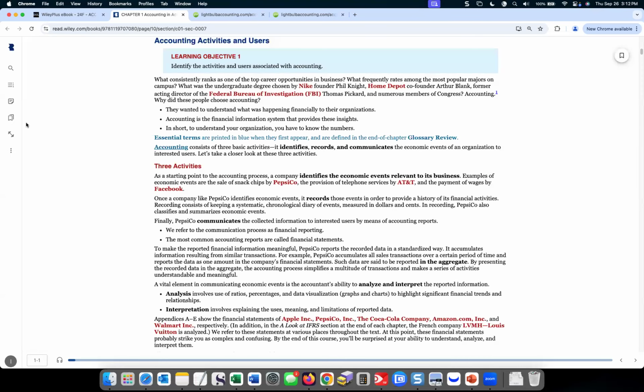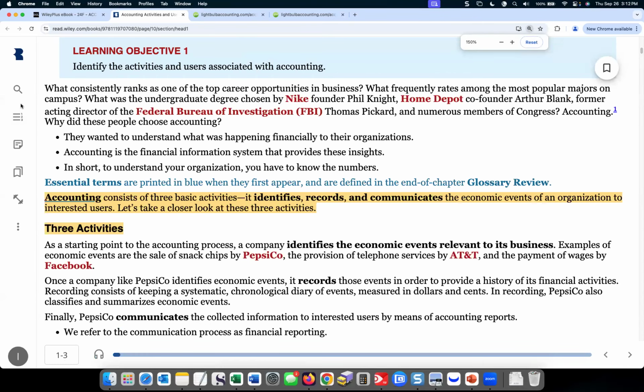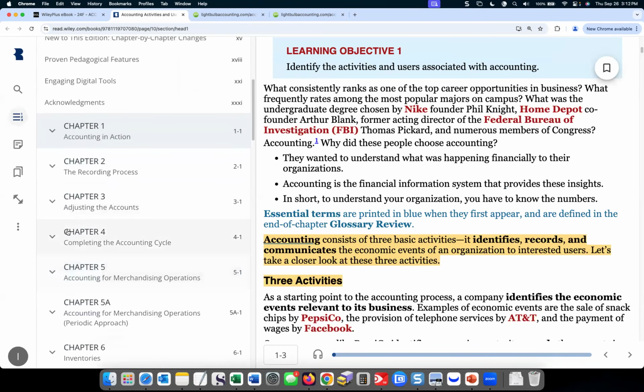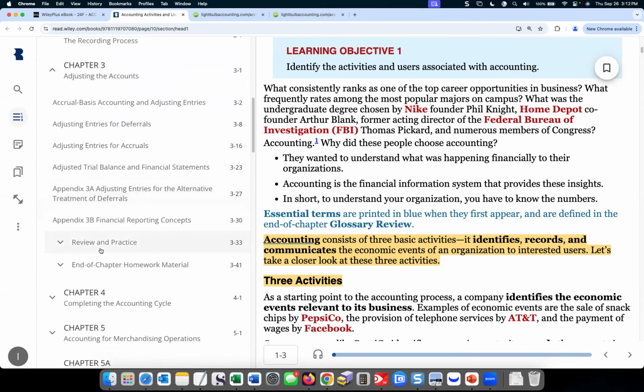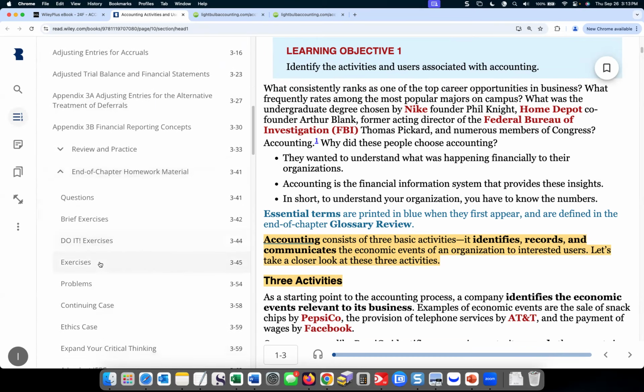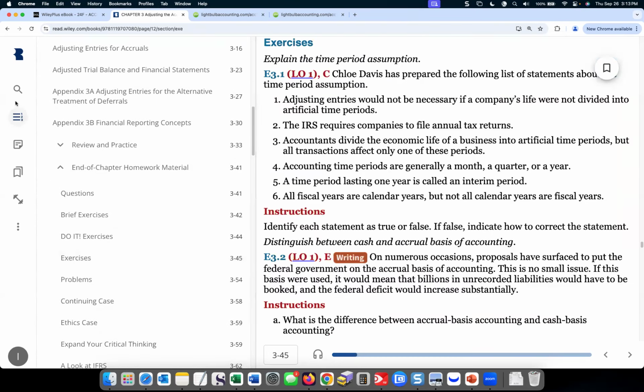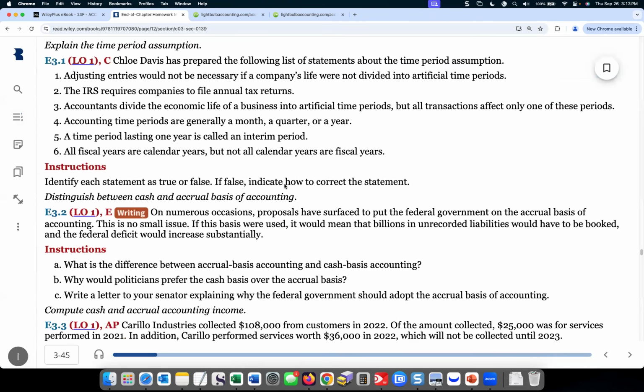So that's the next step. First off, let me zoom in on that a little bit. It's pretty tiny. All right, so chapter 3, we'll go to the end of the chapter material, and I'm going to look for an exercise that might fit the bill nicely.